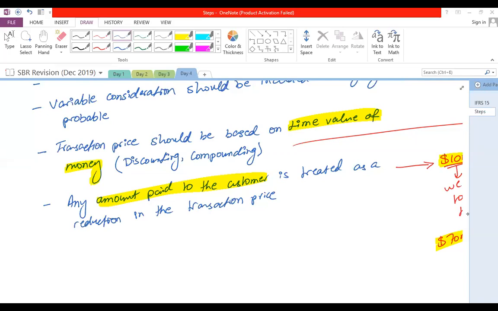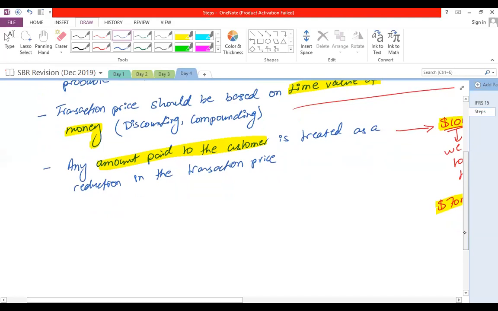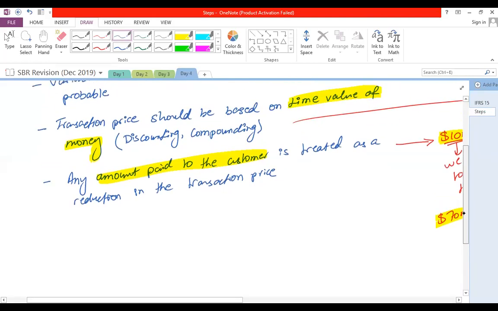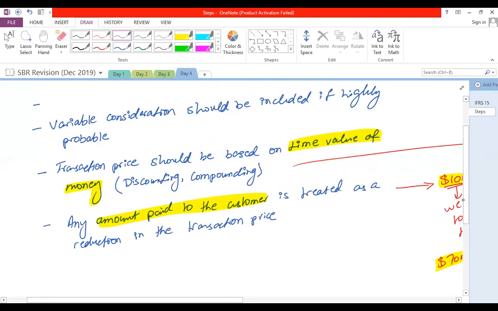Okay, so now let's continue. We have discussed multiple points in the transaction price.